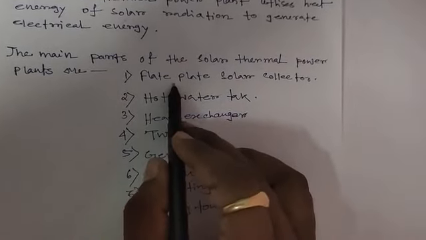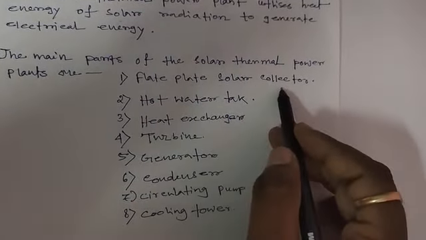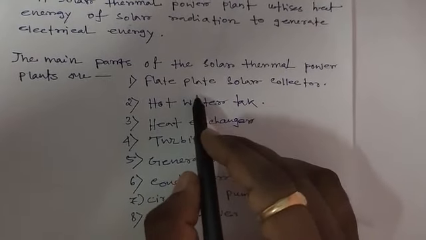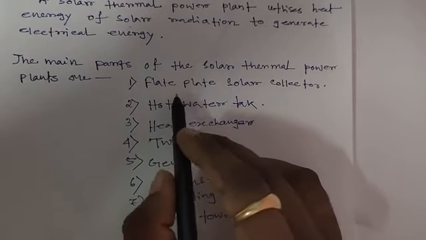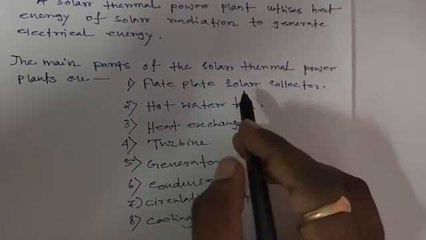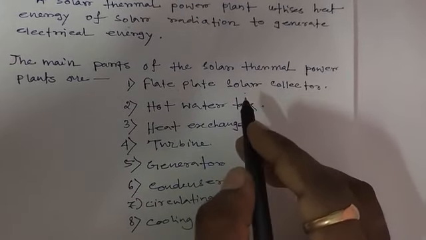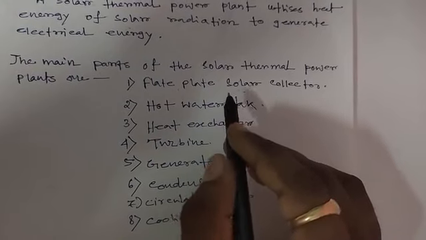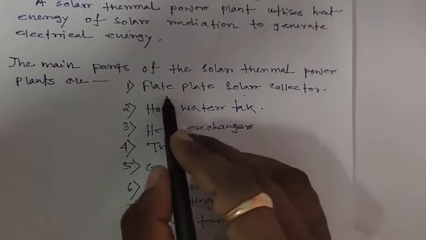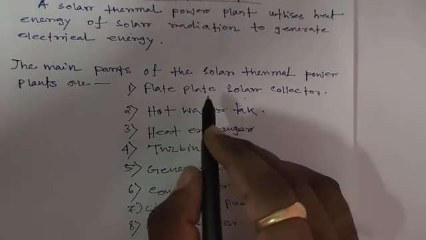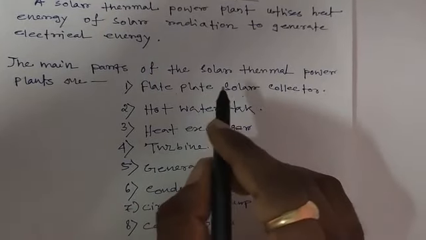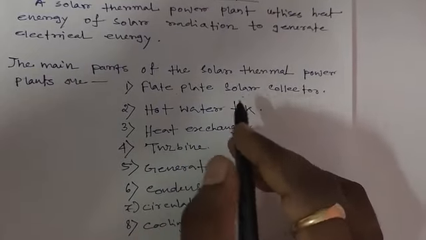First, the flat plate solar collector. This type of collector we have already discussed in a previous lecture, and you must see that lecture. In the flat plate solar collector, solar rays or solar energy are absorbed from the sun and converted to heat energy.